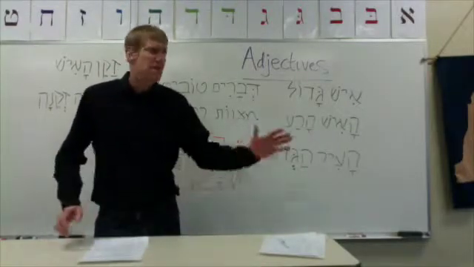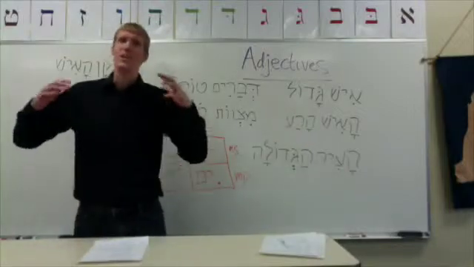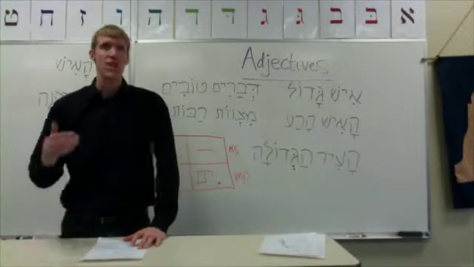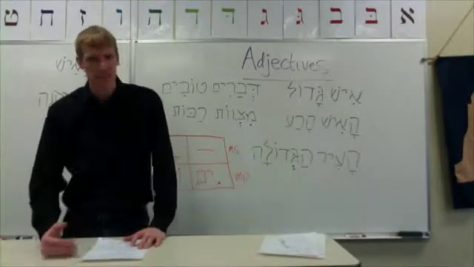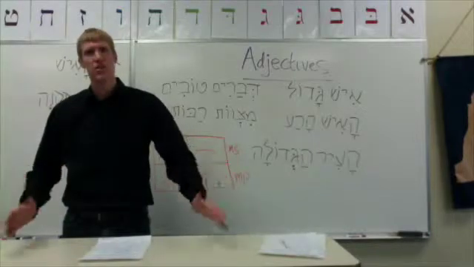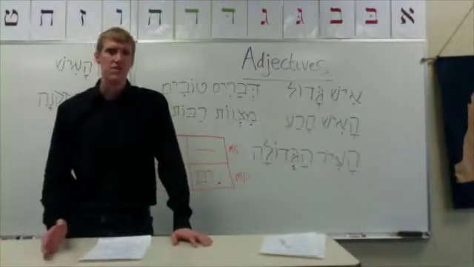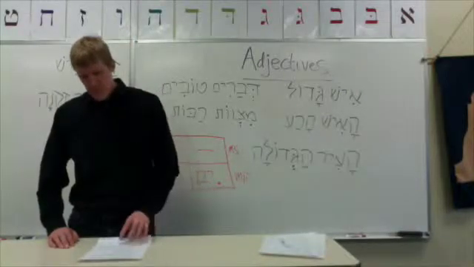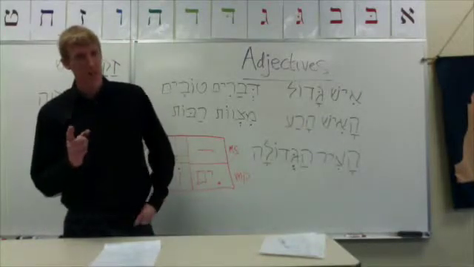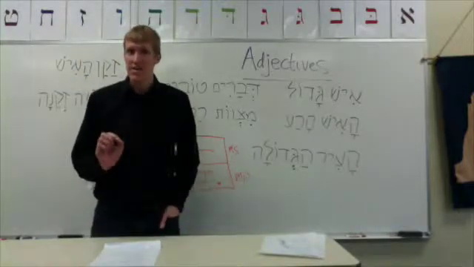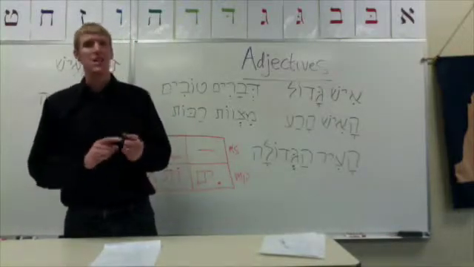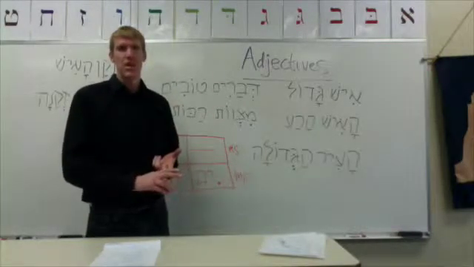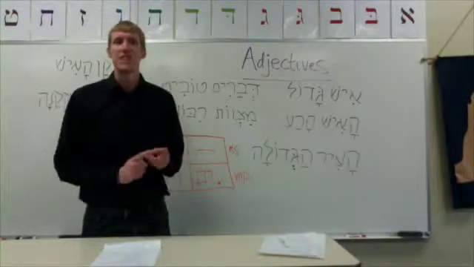Ir gedolah, noun followed by the adjective in every case. Now, it won't be in every single case in Scripture, but generally, the rule is the attributive adjective will follow the noun it modifies. And, this is very important, the attributive adjective will agree not only in gender and number, like every adjective will, but also in definiteness.